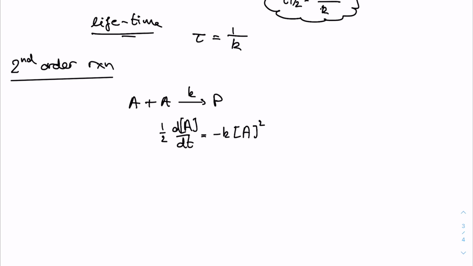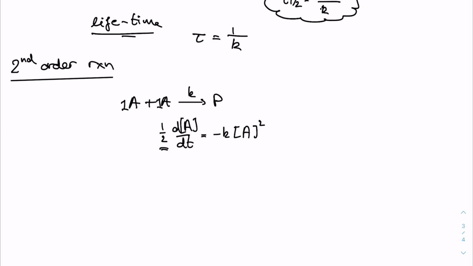So that's important to keep in mind that we have this factor half here because we have 1A here, 1A here, we have 2 A's. So because of stoichiometry reasons, we have to put half in front of the overall rate.